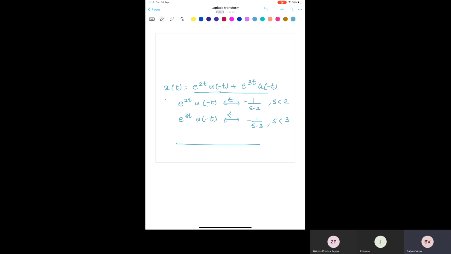Put it on the axis: one says this is the region of convergence, and the other says this is the region of convergence. So the common region of convergence, as both of you found, is s less than 2. So it's correct.